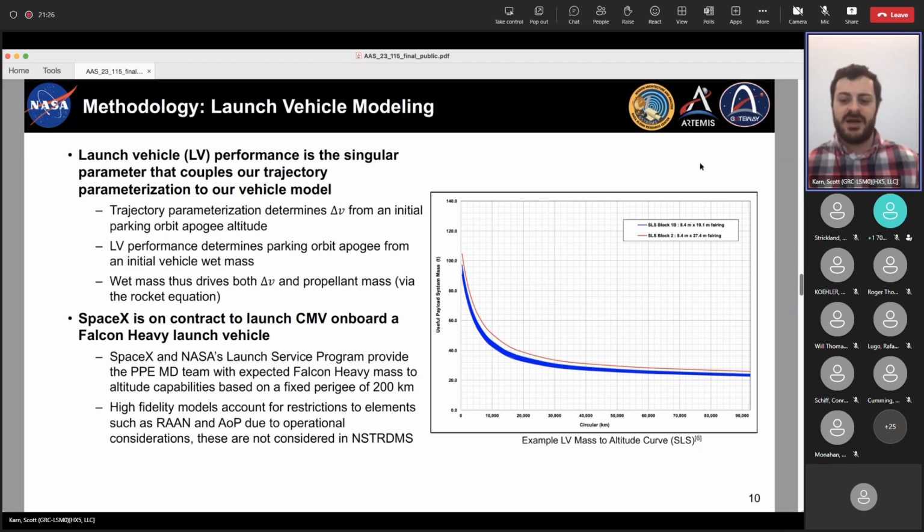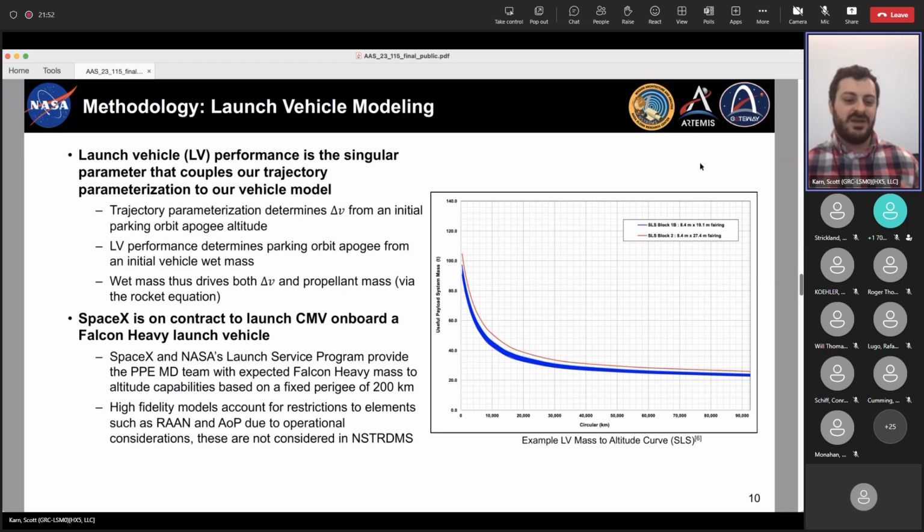Functionally, it ends up looking kind of similar to this curve on the right. This is actually from SLS. But then we can just go ahead and pick off what our expected apogee is for a given spacecraft mass, feed that into our parameterization, and get a delta V back out. I'll talk a little bit about the limitations of this tool later, but one of the critical ones is that we ignore a lot of things in NSTRDMS to enable this rapid low fidelity analysis.